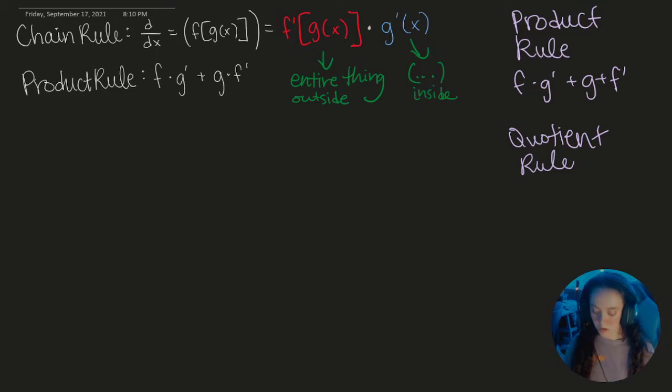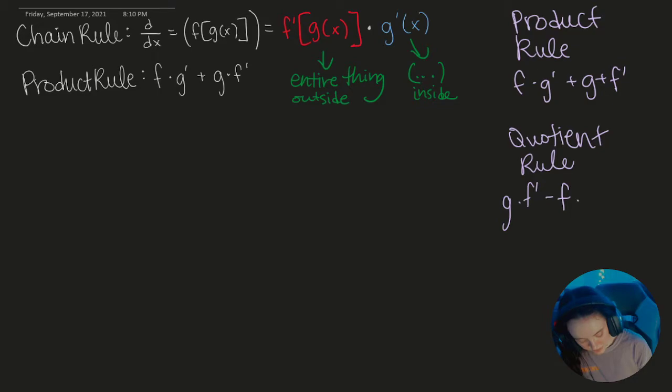All right, so quotient rule. And really the order of this depends on how they set it up, but this is the way that is the easiest, in my opinion, to remember. So it is going to be G times F prime minus F times G prime all over G squared.